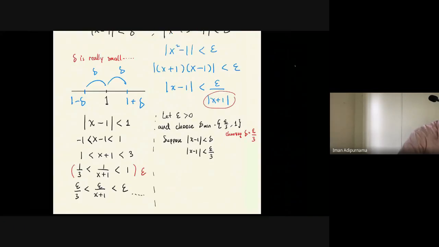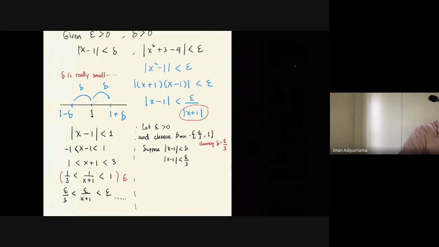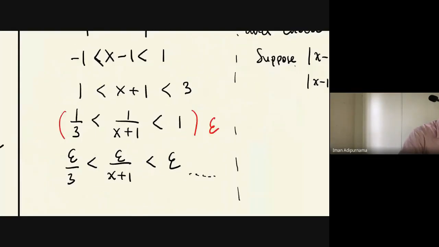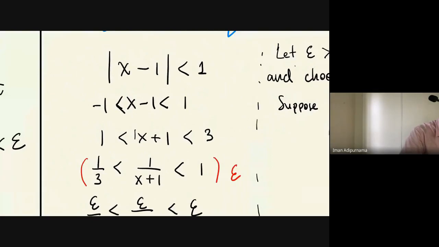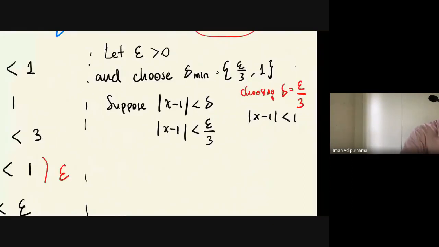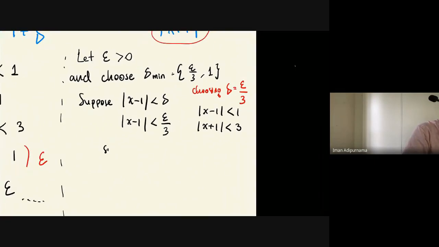From here, if you remember, when you have |x minus 1| less than 1, then x plus 1 is less than 3 from that inequality.